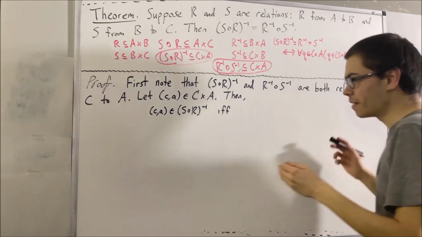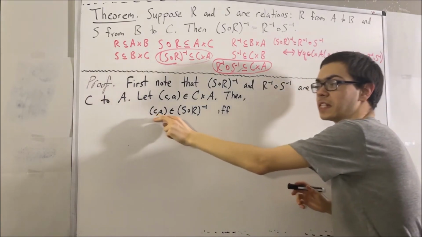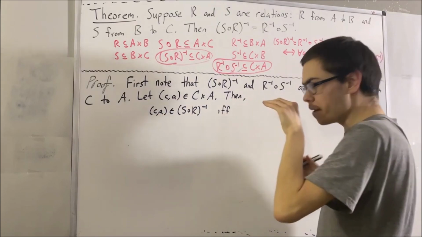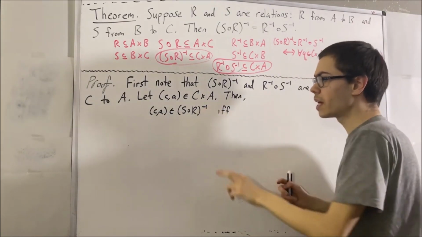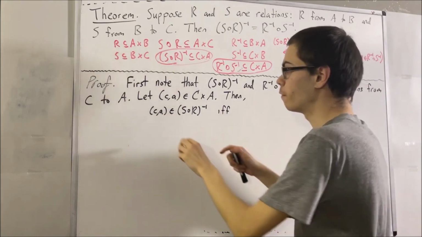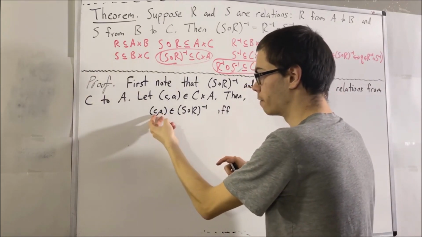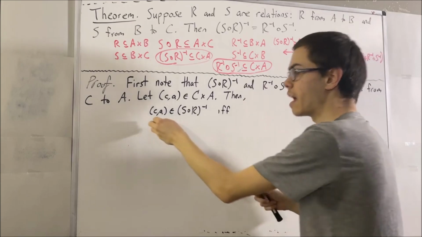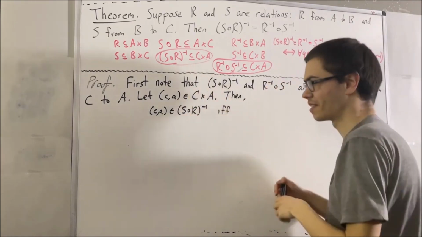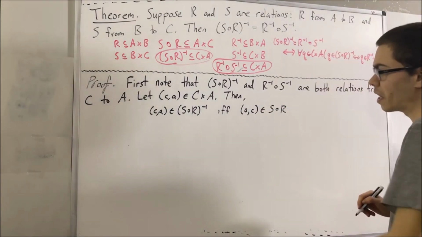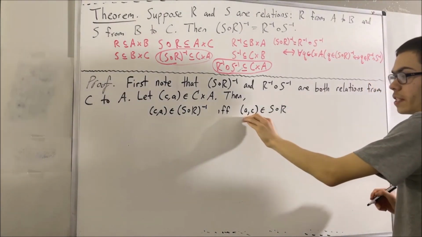Right? We need to find a statement that is equivalent to this one. Now, if you recall from the inverse of a relation, we know that this is equivalent to if we just swap the order of C and A and write that A comma C is an element of S compose R without the inverse.